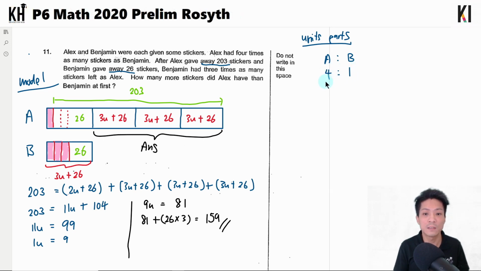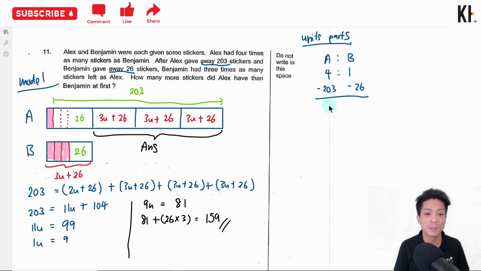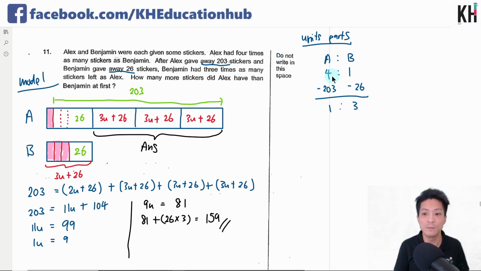Then Alex gave away 203, and Benjamin gave away 26. In the end, the ratio became 1:3. So this is the units, and this will be the parts.